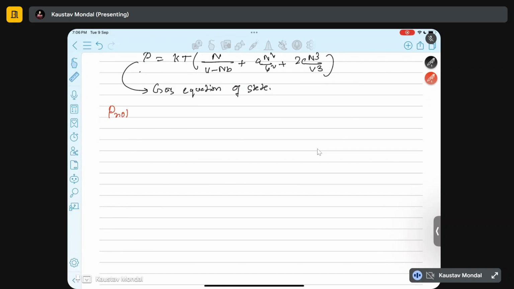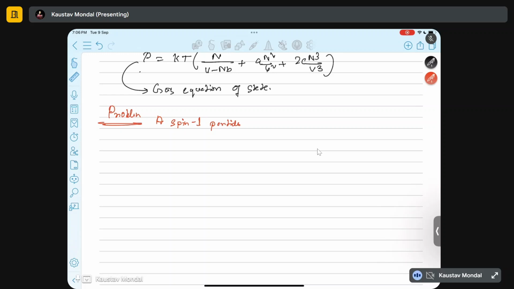So the problem we will do is a spin one particle. That means it can have spin -1, 0, +1, right?